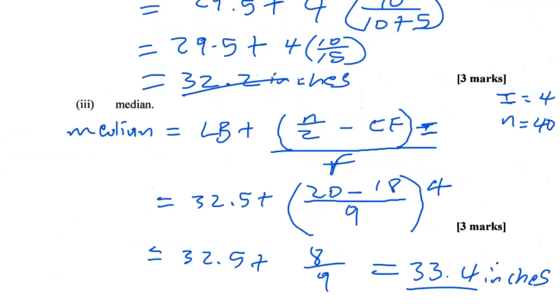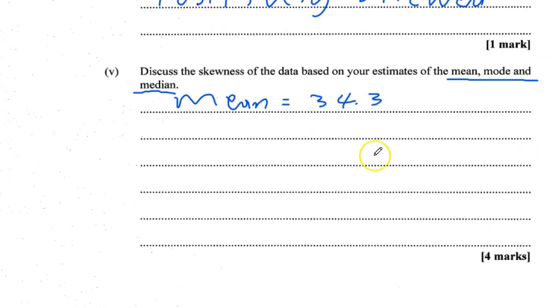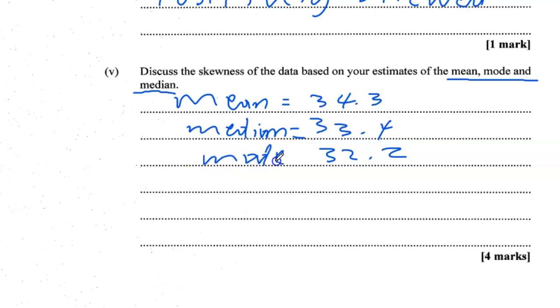And the mode, 32.2, was smallest. So notice the mean was greater than the median, and the median was greater than the mode.